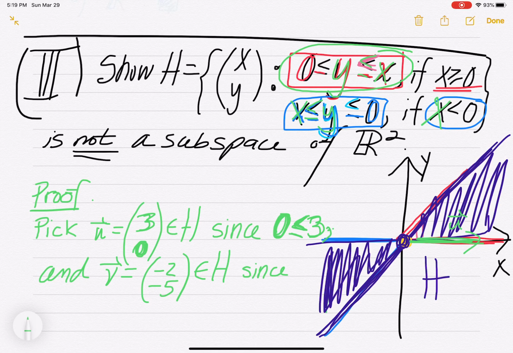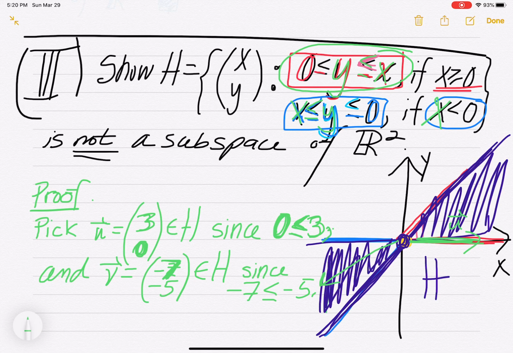Oh, let's make that a -7. How about -7? Since -7 is smaller than -5, yeah, right? -7, -5 is in H, so where would -7, -5 be? Somewhere like here, right? You go -7 on the x, -5 on the y, and it would be somewhere out here.